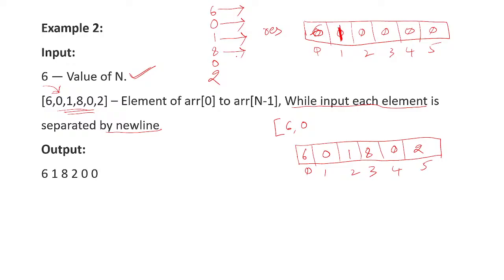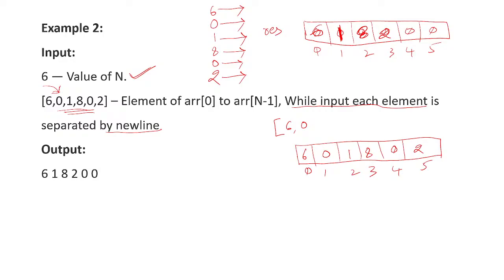Then read the next number. If it is non-zero, store it at the next index. Then read the next number, 0. Don't do any operation, just throw it out. Read the next number, a non-zero number, then store it in the next index.